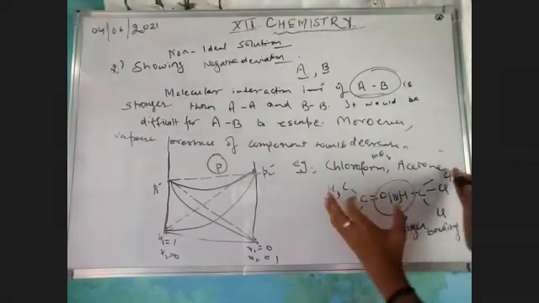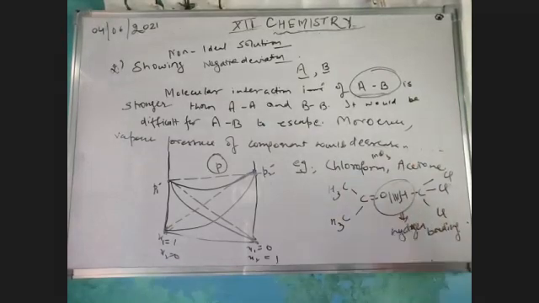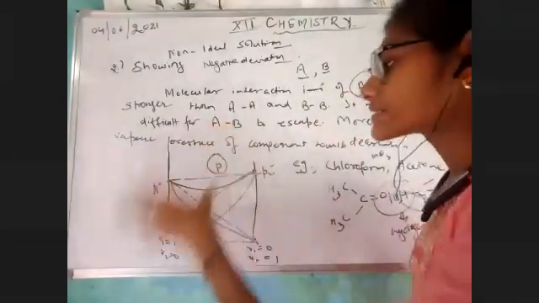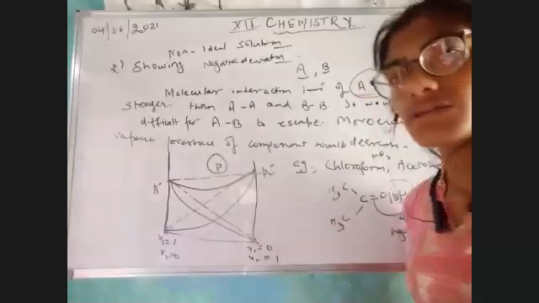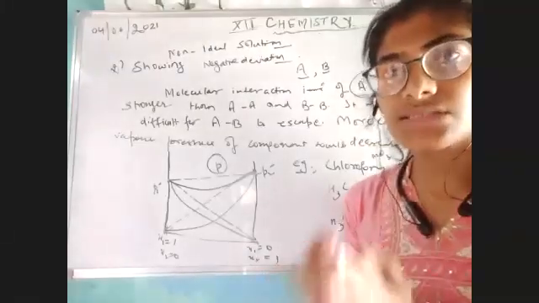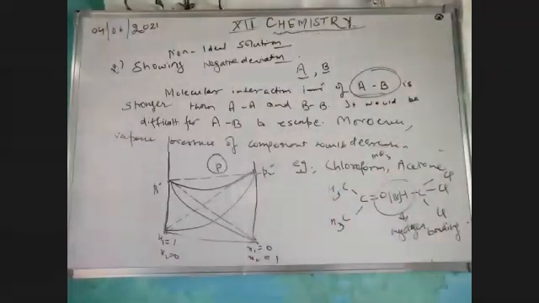Now the bonding has become stronger. We need more energy to break it down, to escape it, to evaporate it. Ultimately, vapor pressure would be lowered, and our result would show the negative deviation. But this negative or positive deviation is just told by the graphical method, nothing else. So this is done now.